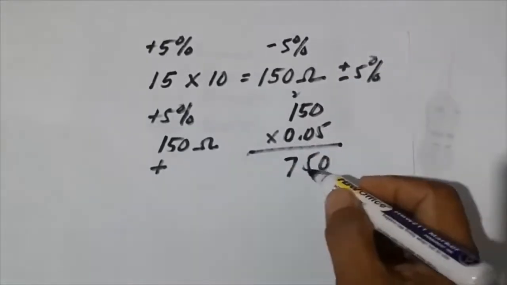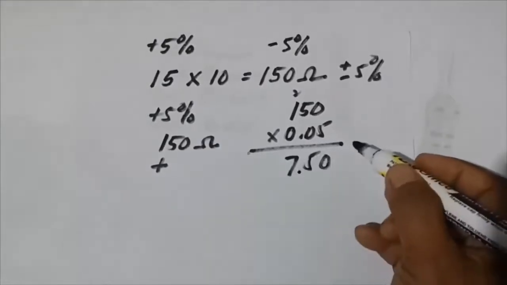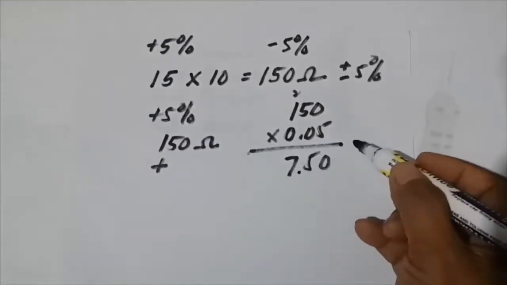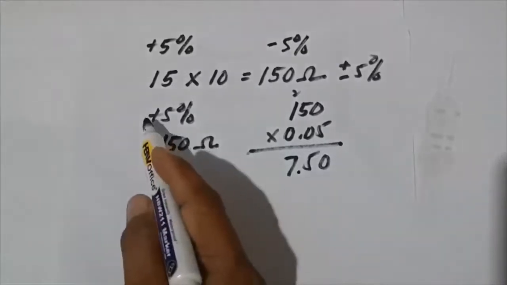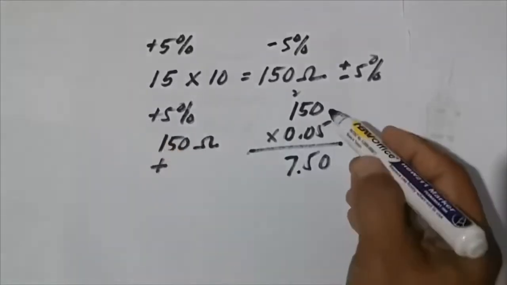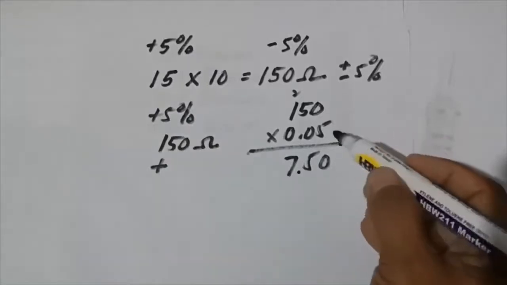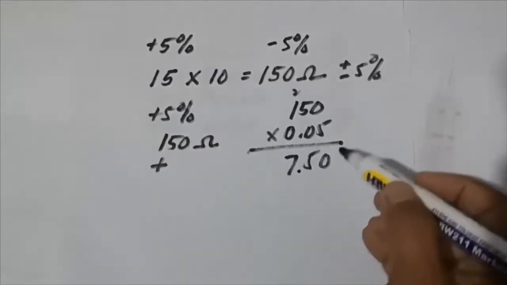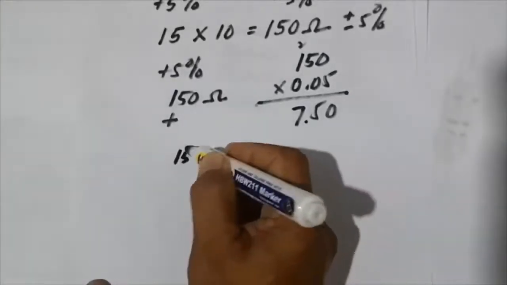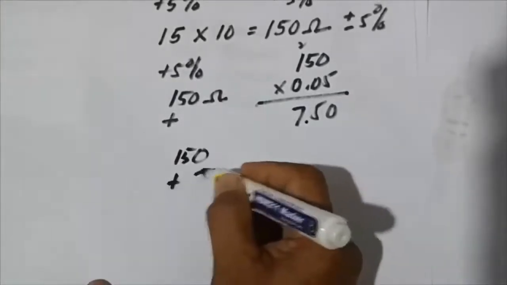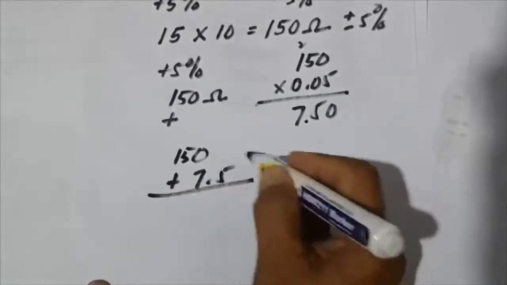So now to get the positive 5% of 150, we have to add 7.5 to 150, and the negative 5% will be subtracted from 150. So the positive 5% is 150 plus 7.5, that will give us 157.5 ohms.